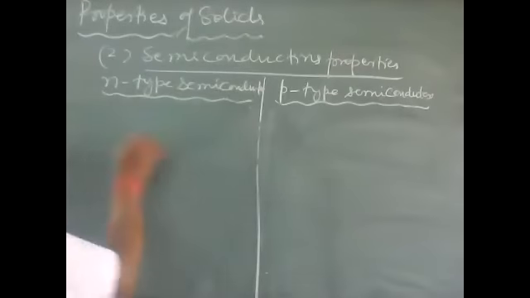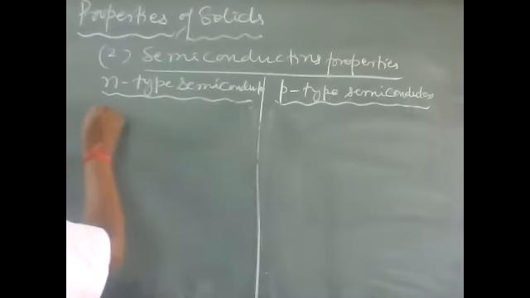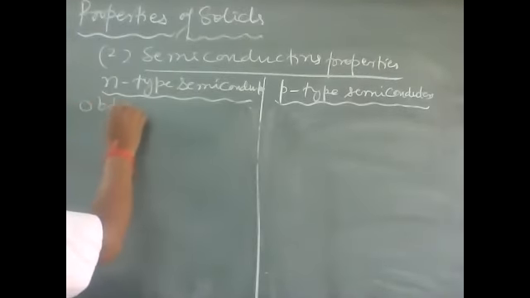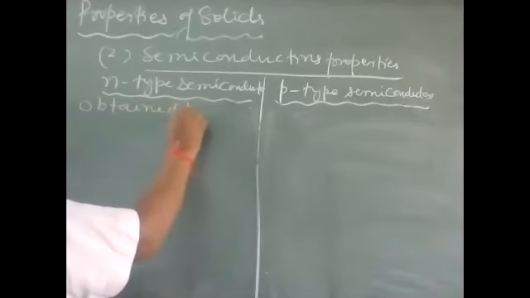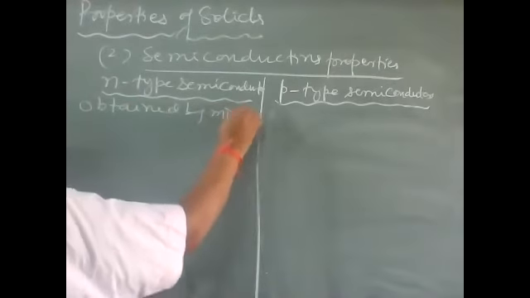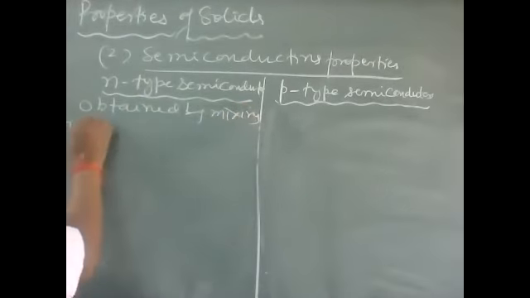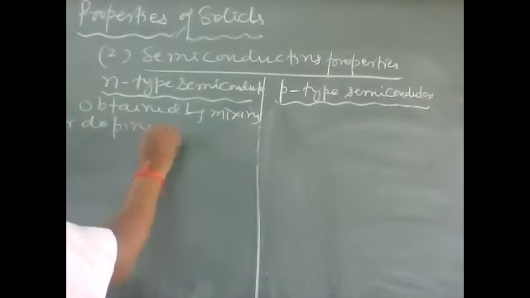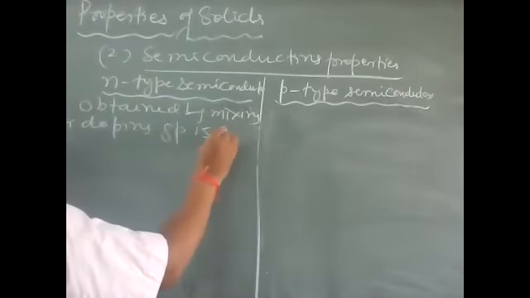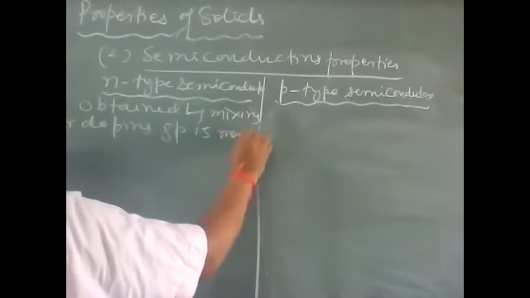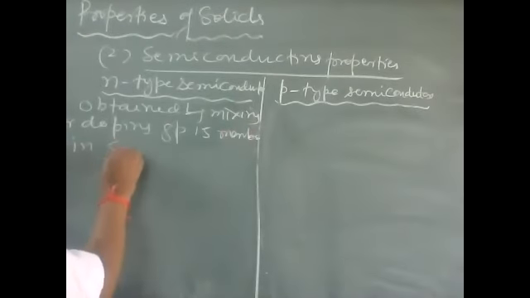Now see, N-type semiconductor is obtained by mixing or doping a group 15 member in silicon or germanium.